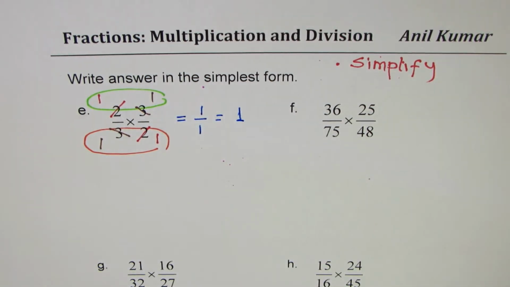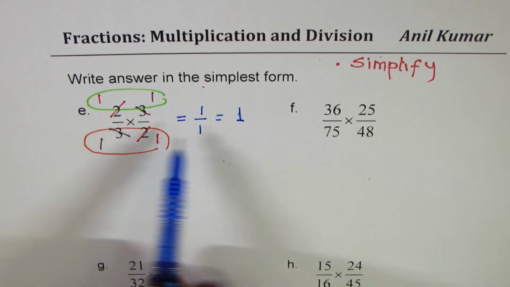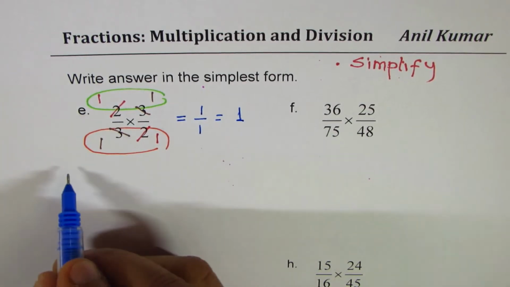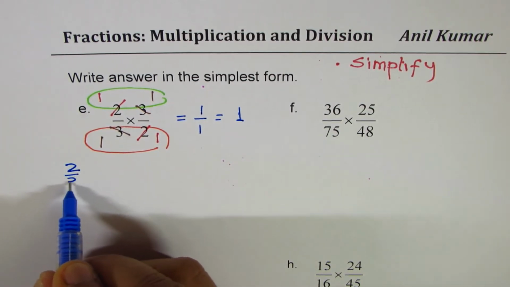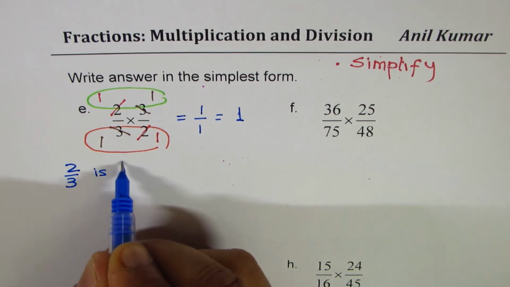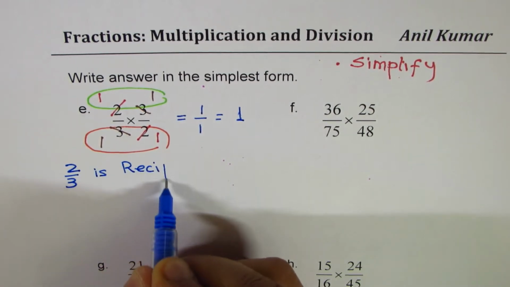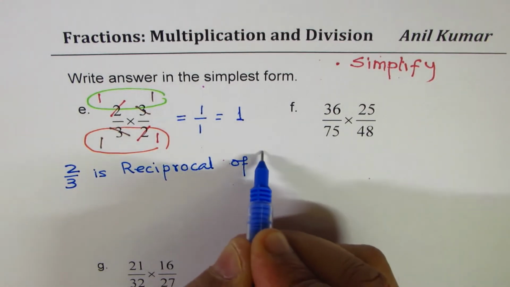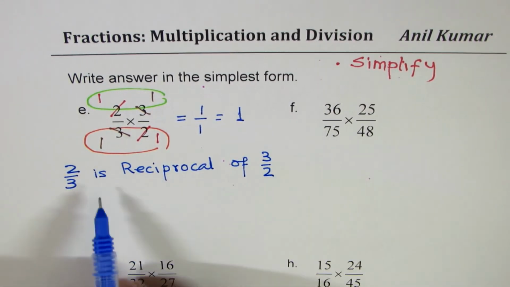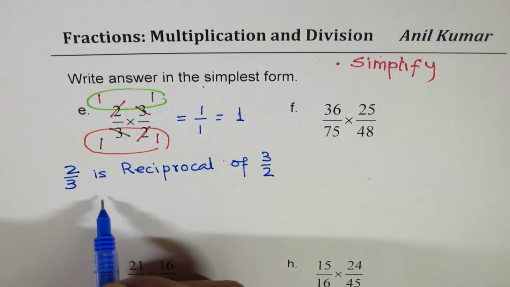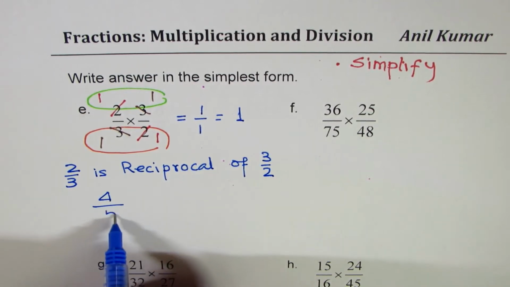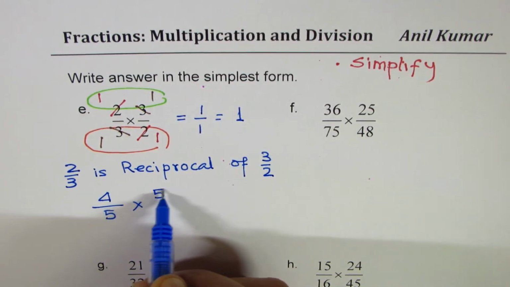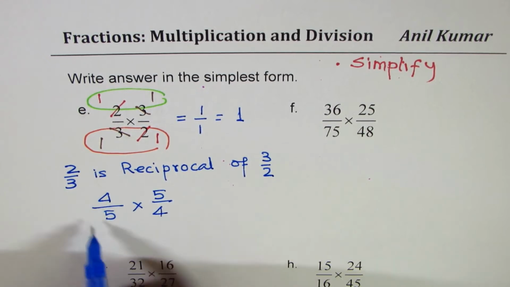Correct? That was simple. Now, if you get 1 as your result, we could also say 2 over 3 is the reciprocal of 3 over 2. So whenever you have something like that, for example, if I multiply 4 over 5 with 5 over 4, flip it, right?